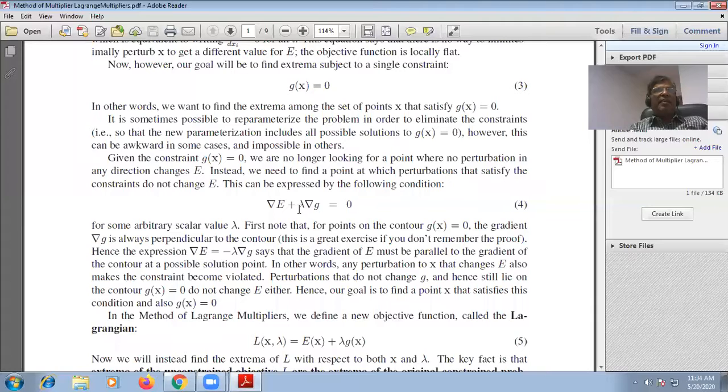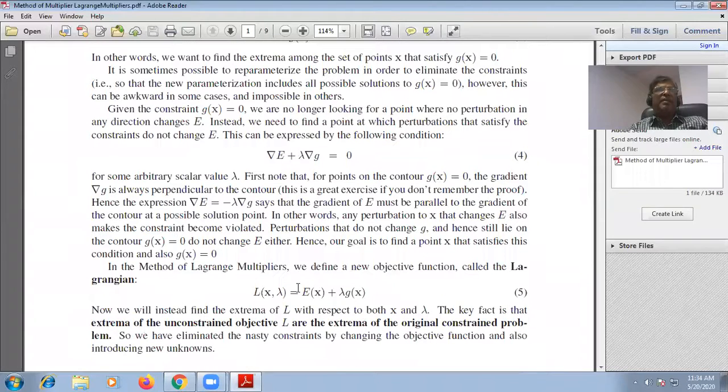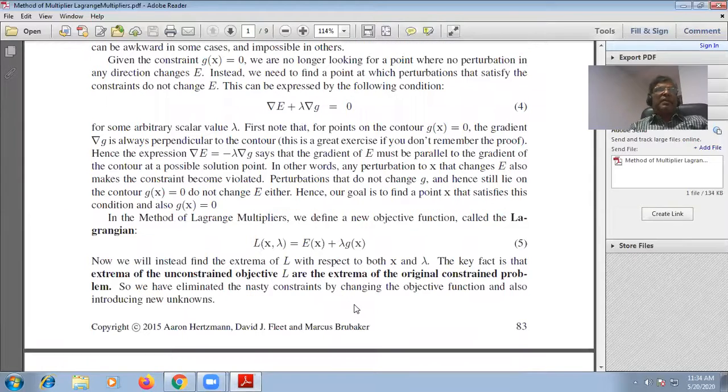You are finding here a multiplier. In the method of Lagrange multipliers, we define a new objective function called the Lagrangian. We are taking a new objective function in this format. The key fact is that the extrema of the unconstrained objective L are the extrema of the original constrained problem.